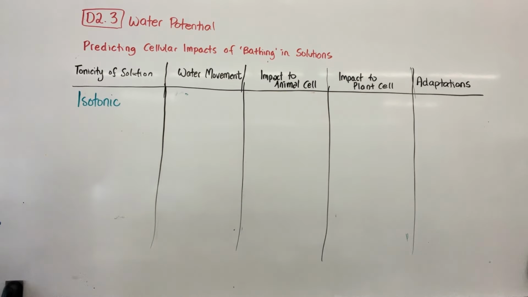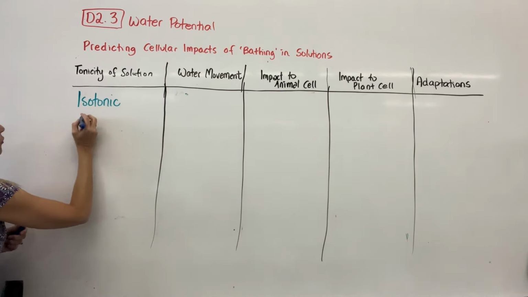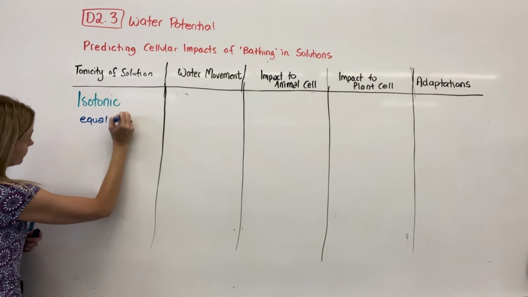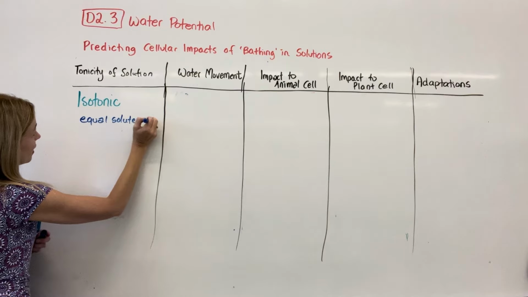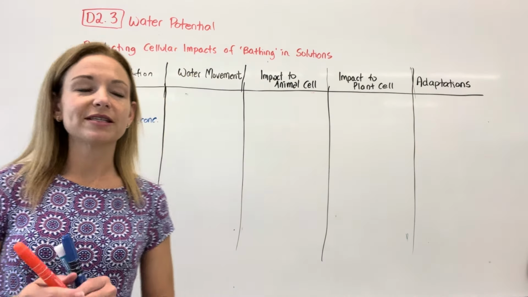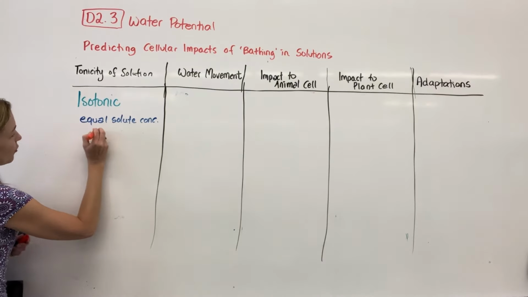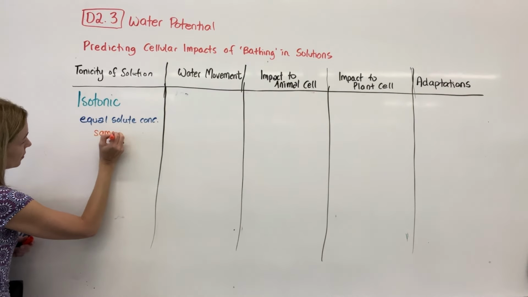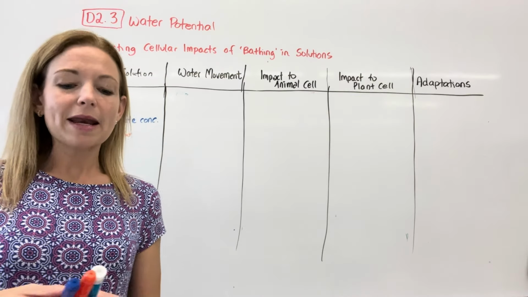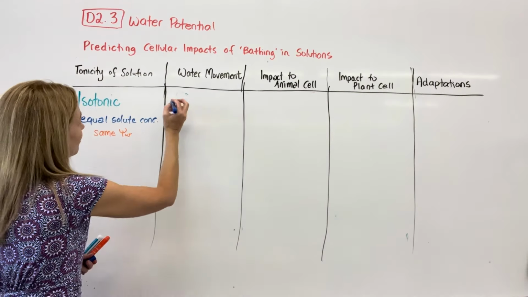So isotonic solutions have equal solute concentrations. And again, if we were looking at it from a water potential standpoint, they would have the same water potential. Okay, so there is going to be no net movement of water is how we phrase it.